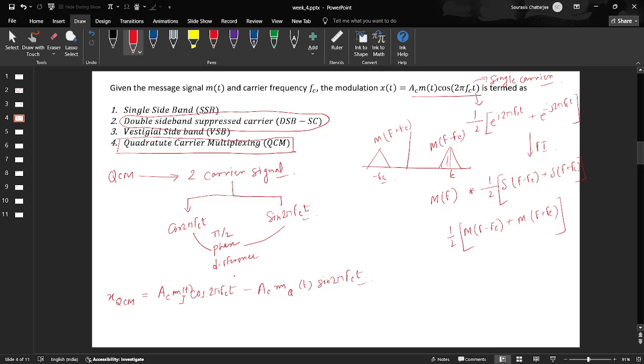So this cos 2 pi fct and sin 2 pi fct are two carrier signals, and mq and mi are two message signals, right? This one here, cos 2 pi fct, we call the in phase carrier, and this carrier, sin 2 pi fct, is named the quadrature carrier.